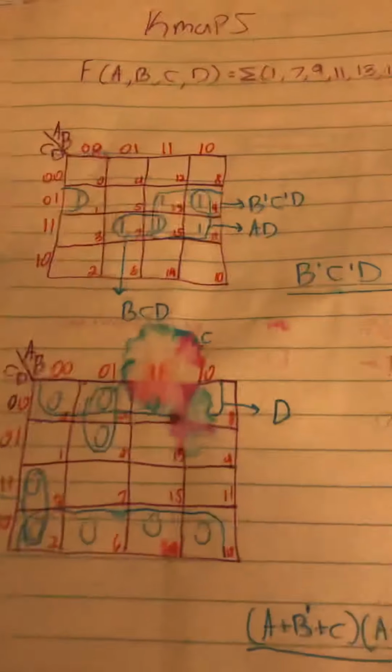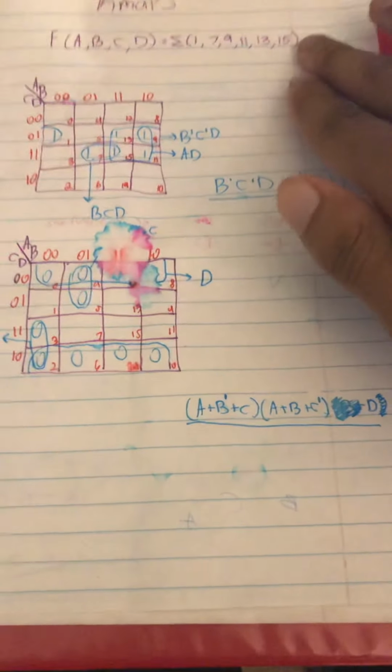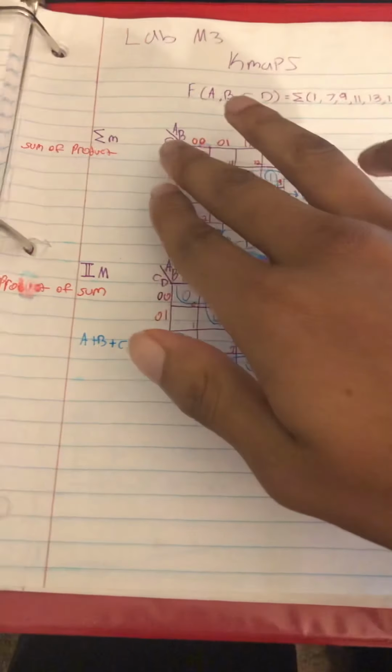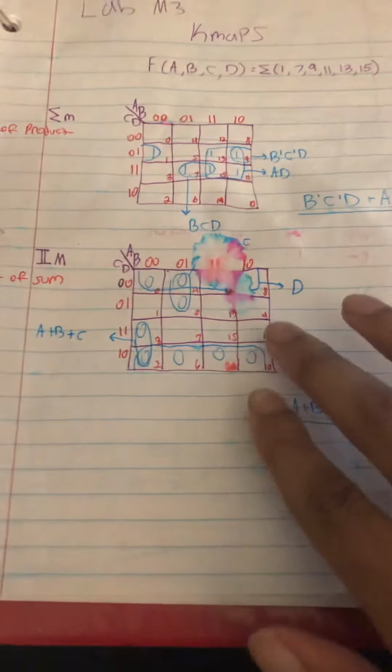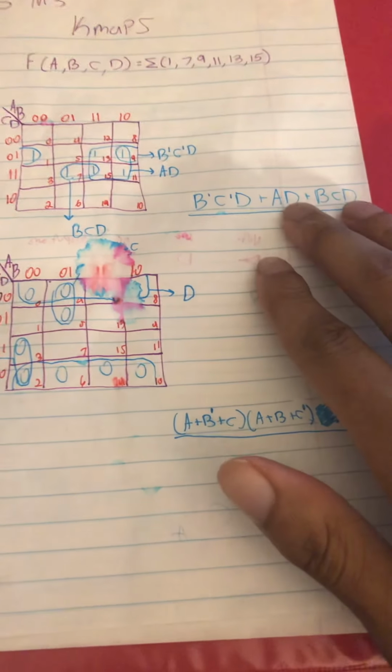So right here is what I was given from lab 3, my sum of products, my product of sums, and this is my K-map.